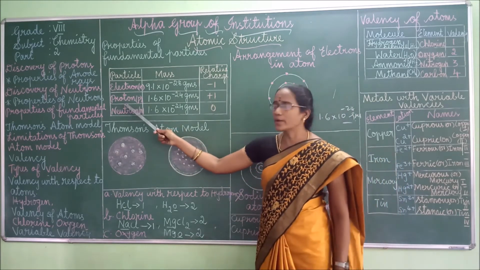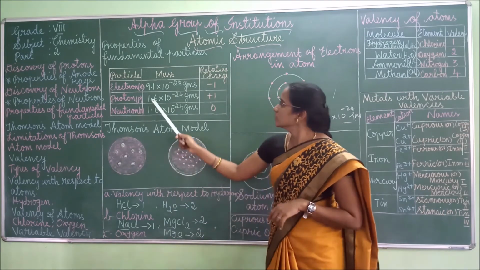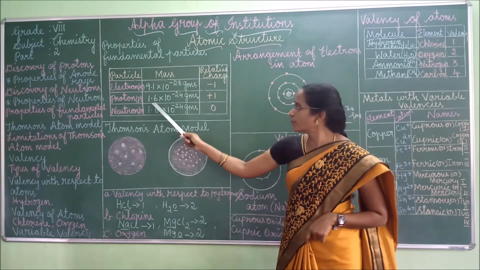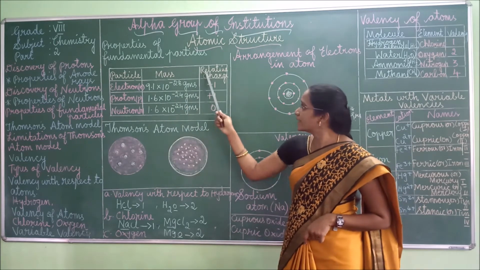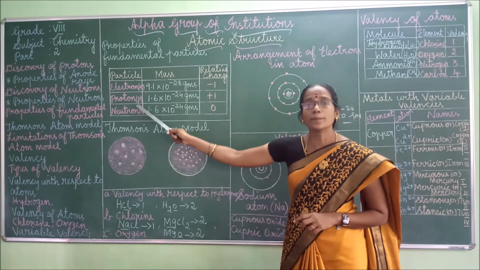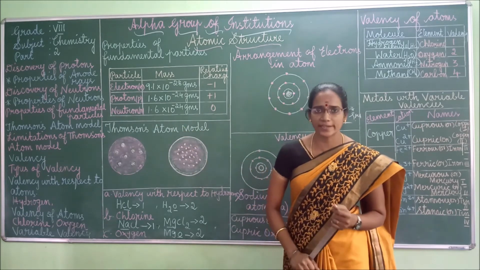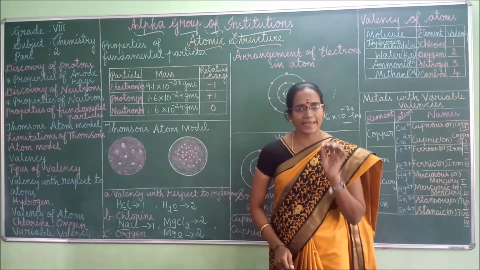Next one, the proton, is represented by the letter p, small p, right? Its mass is 1.6 into 10 to the power minus 24 grams, and its relative charge is plus 1 because protons are positively charged particles. Next, neutrons are represented by small n.